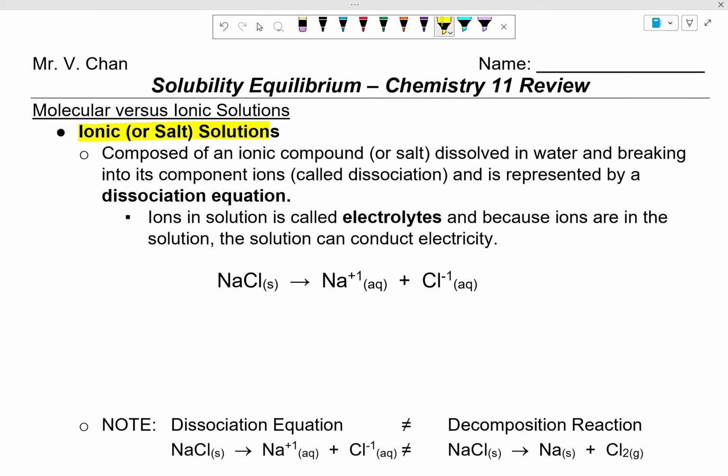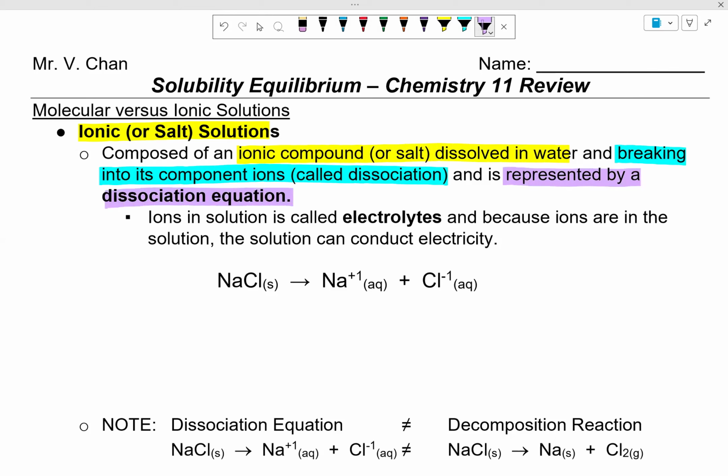Now, what is an ionic solution? It is an ionic compound or salt that is dissolved in water. What happens is the salt or ionic compound breaks down into its component ions, called dissociation, and is represented by a dissociation equation.